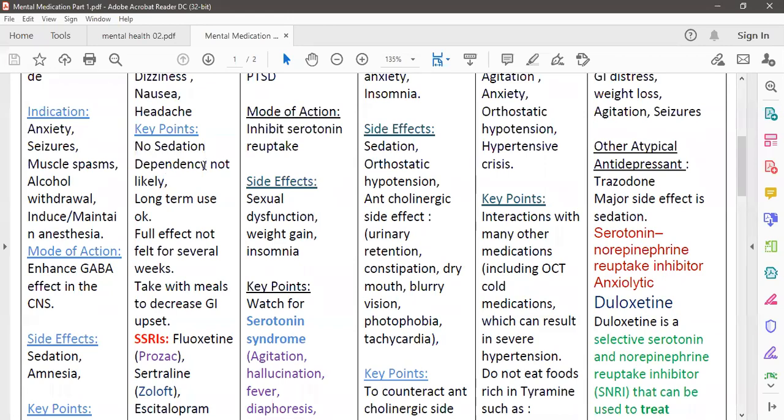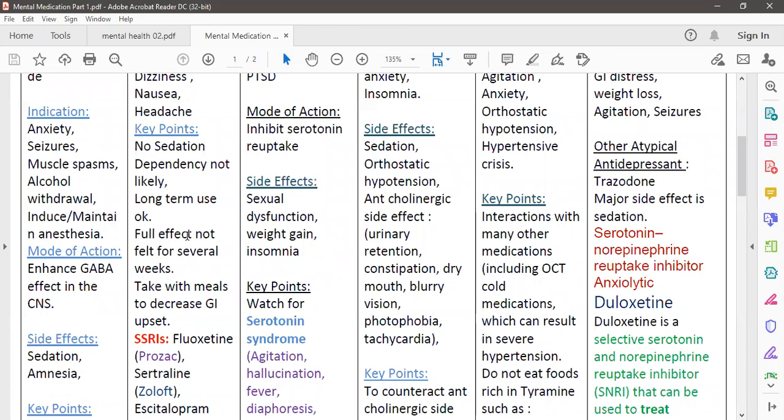Dependency is not like benzodiazepines. Benzodiazepines we use for short-term use because they are highly addictive. To overcome that problem, we advise our patient to use buspirone because there is less dependency, and the patient can use buspirone for a long time.